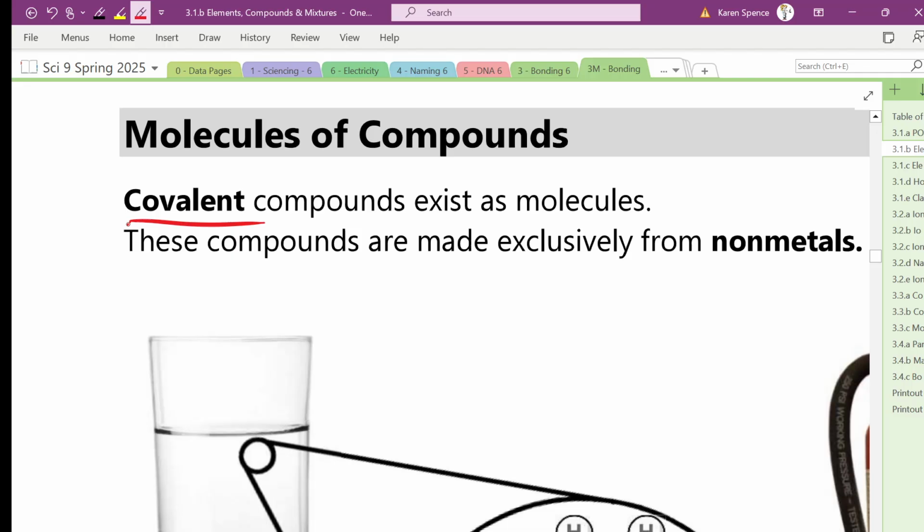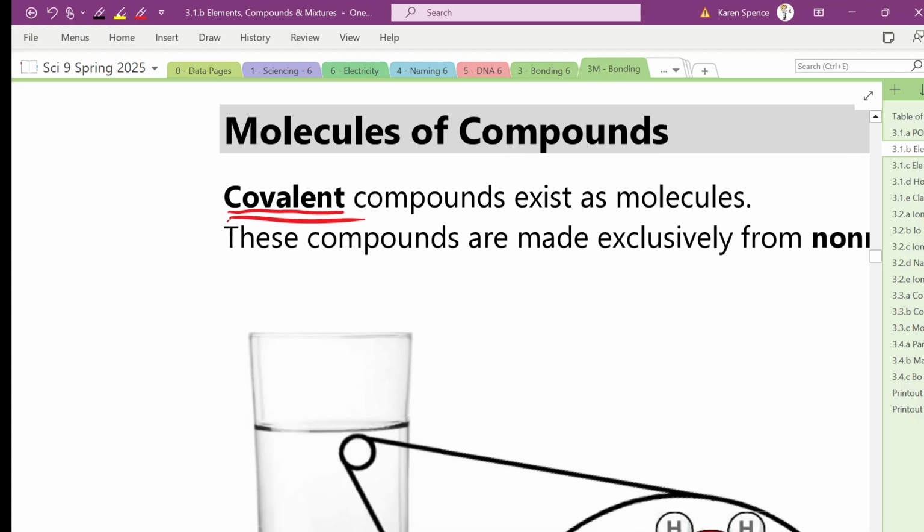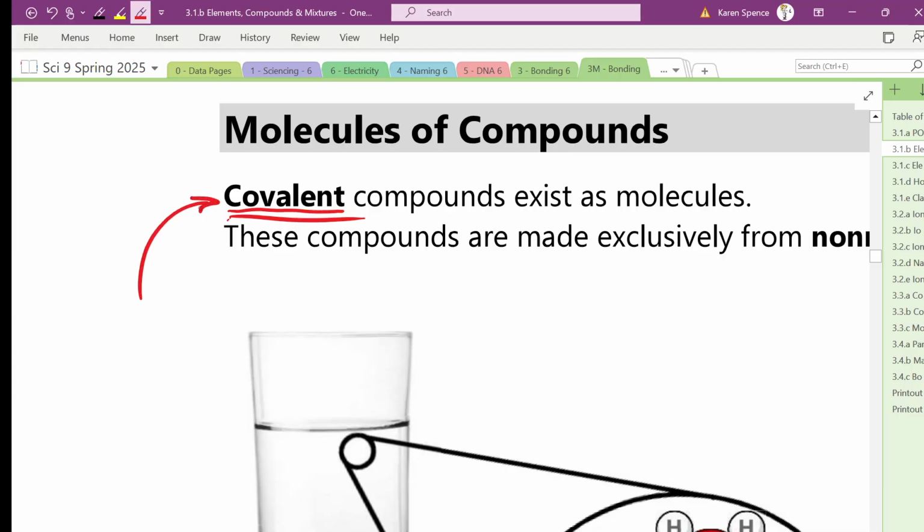Covalent compounds. Do you guys remember what that word covalent meant? Covalent compounds have covalent bonds.